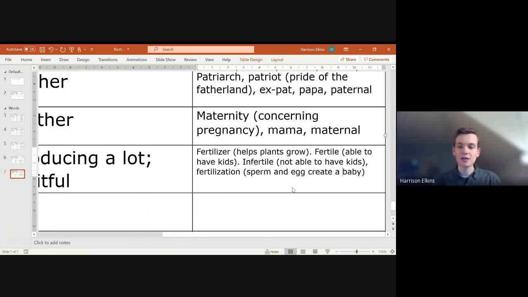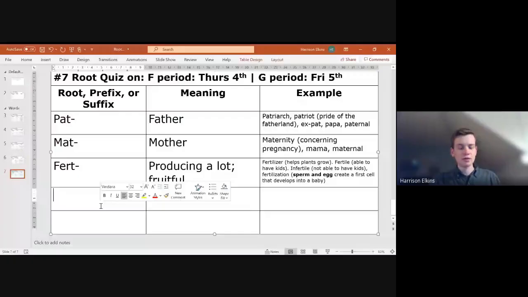So sperm and egg create, you could write this down if you want, a first cell that develops into a baby. Okay, so that's fertilization. It's that sperm and egg coming together. You don't need to write down the definitions if you already know them, but do write down just the words themselves, okay?